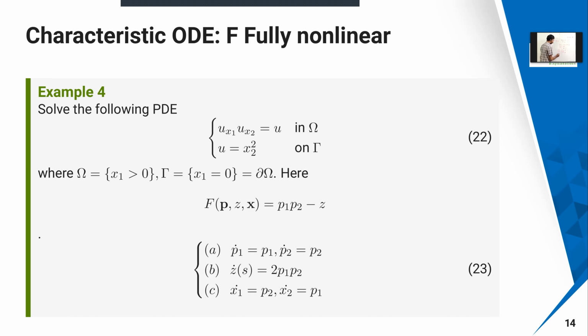Now z dot of s, you have to calculate. So z dot of s is going to be d_p f into p. Sorry, there's a mistake here. d_p f is q actually, because I have to differentiate with respect to p, and d_q f is p here.